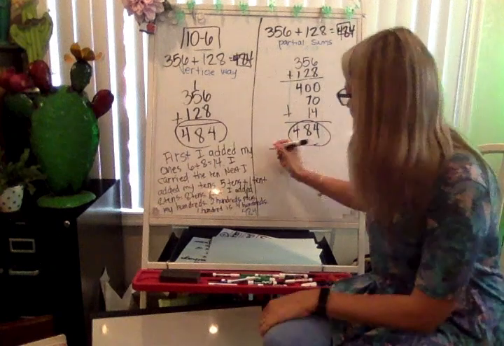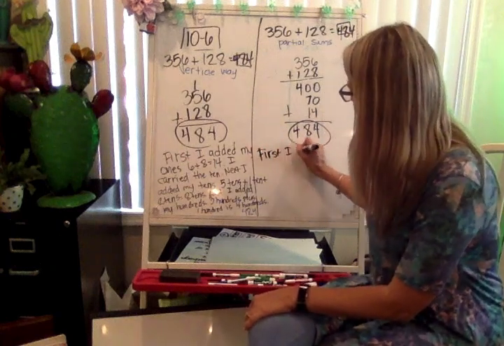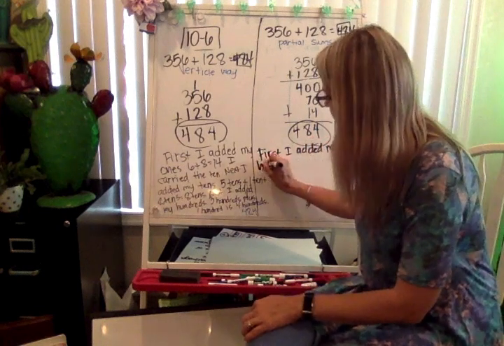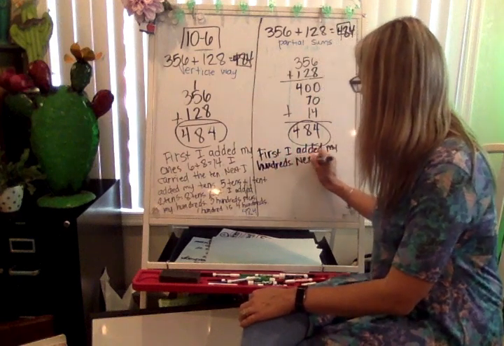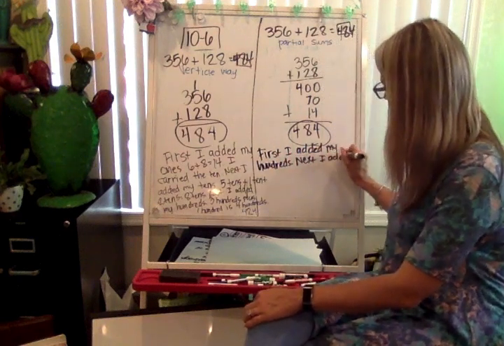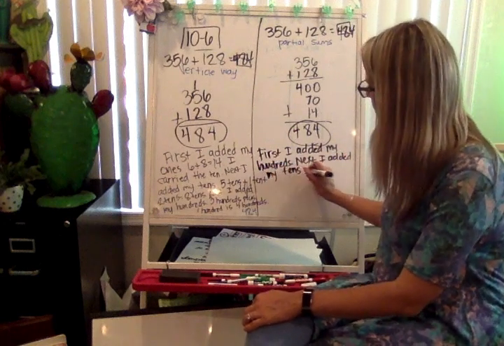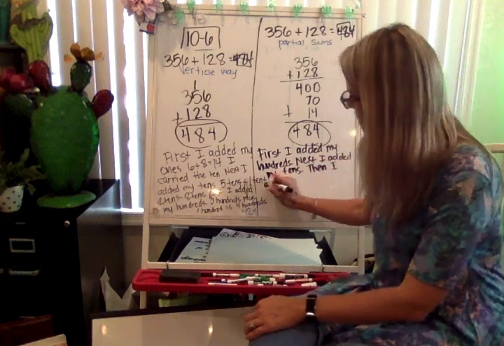If I was explaining this, you could even just say, first, I added my hundreds. Next, I added my tens. Then I added my ones.